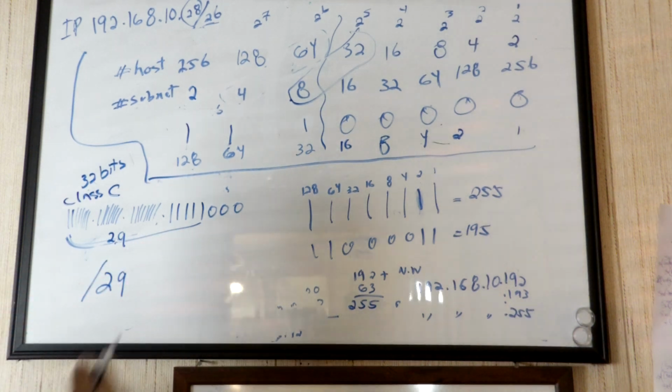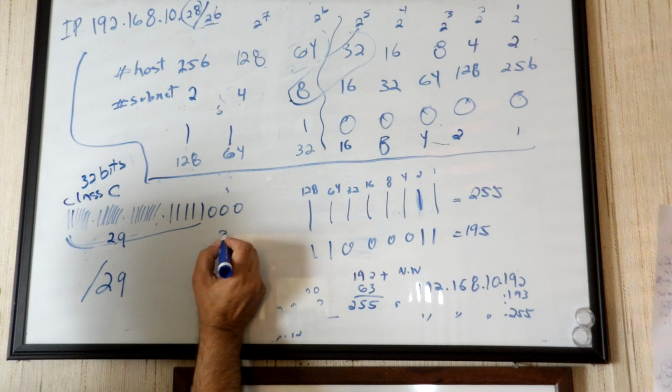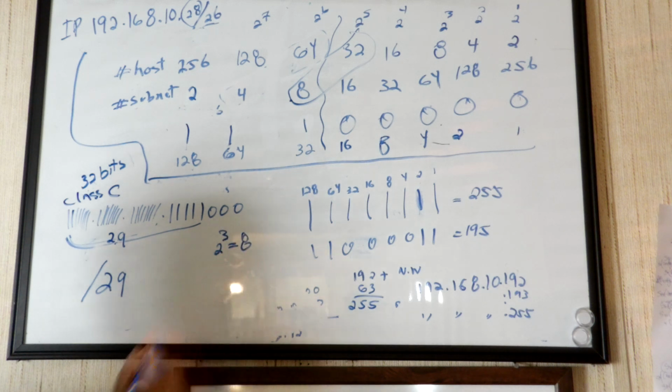So when we have 3 host bits, 2 to the power of 3 is going to be 8.